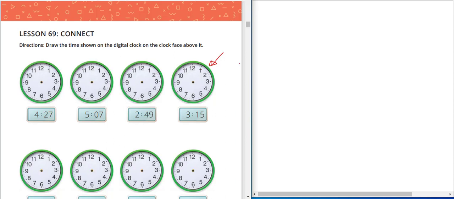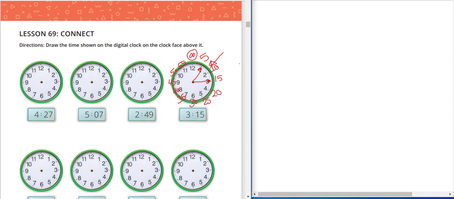When the minute hand points to 1, it means 5 minutes, and skip count by 5, pointing to 2 means 10 minutes, and when the long hand points to 3, it means 15 minutes. On 4 it means 20, 25, 30, 35, 40, 45, 50, 55, and on 12 it is 60 minutes, but we write 0, 0 here.